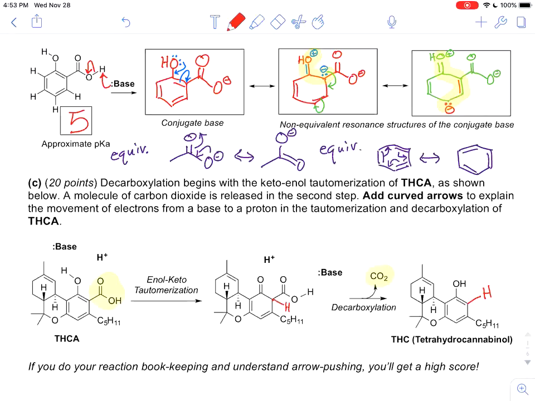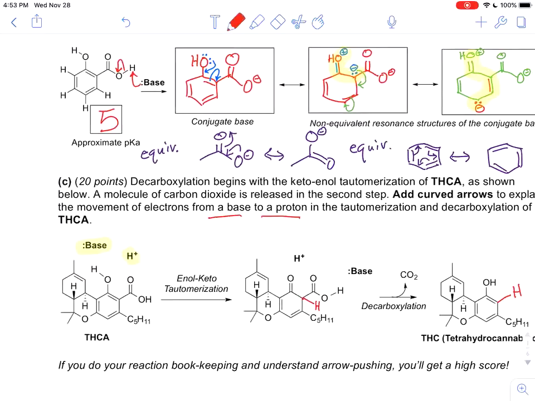And that's going to be the beginning of our process to see how decarboxylation occurs. We're going to add curved arrows to explain the movement of electrons from a base to a proton. So you're given some information here that you should be starting at the base and ending at the proton. That is given.